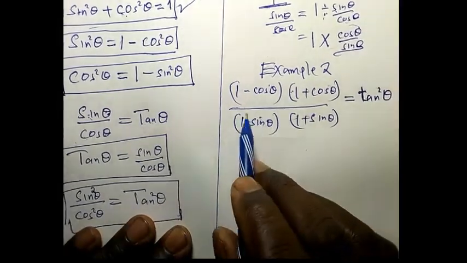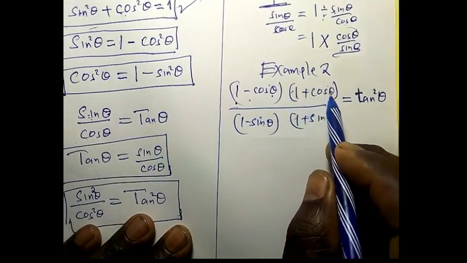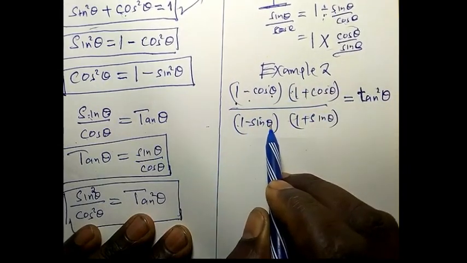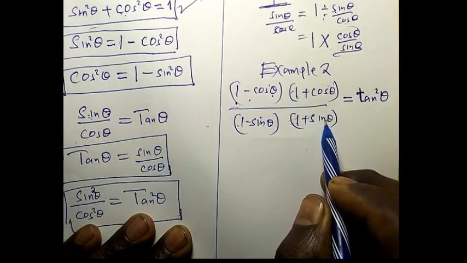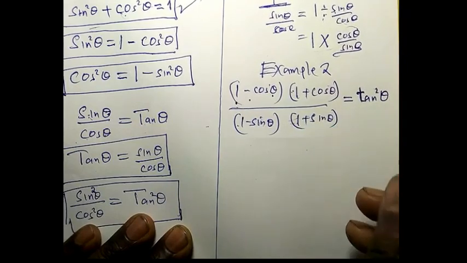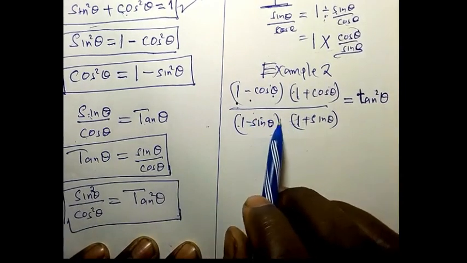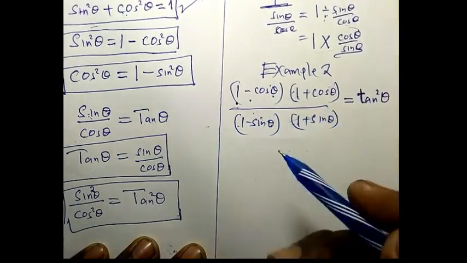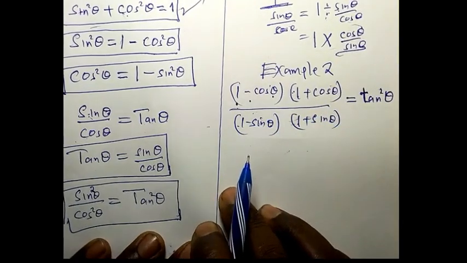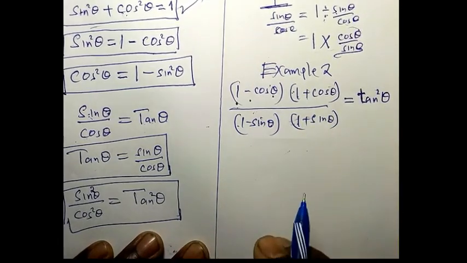Now we have example 2, 1 minus cos theta into 1 plus cos theta divided by 1 minus sine theta into 1 plus sine theta is equal to tan square theta. So this expression or this equation can be quite confusing if you don't remember the perfect square.